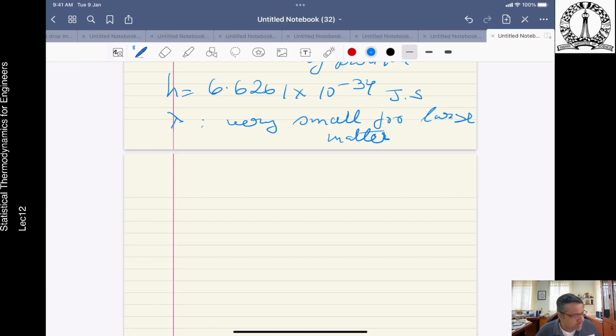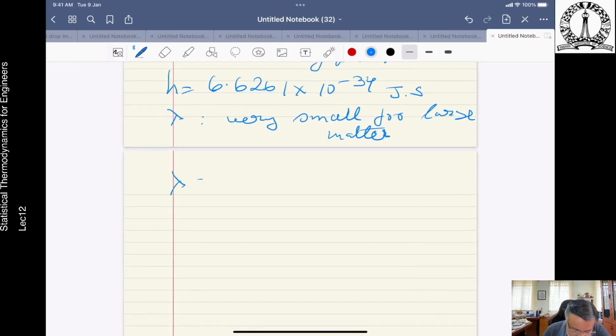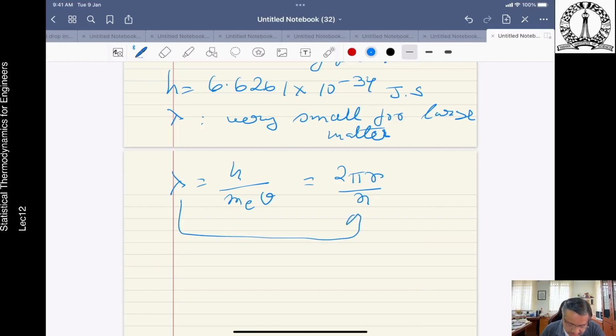This is definitely not the case with fundamental particles. For example, for an electron, lambda is nothing but h divided by m e v, which is now given as 2 pi r divided by n. So it's an integer fraction of its orbital circumference.